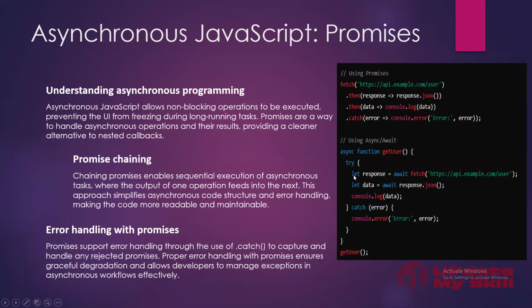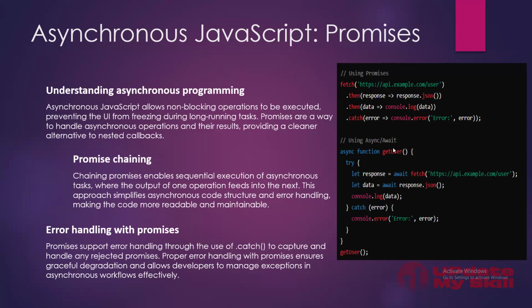In the try block, I have taken a variable and the await keyword to fetch the data using that URL, and I store the response using response.json into data, and console.log prints the data. If it gets any error from try, catch will catch the error and show it. And here I call the function.